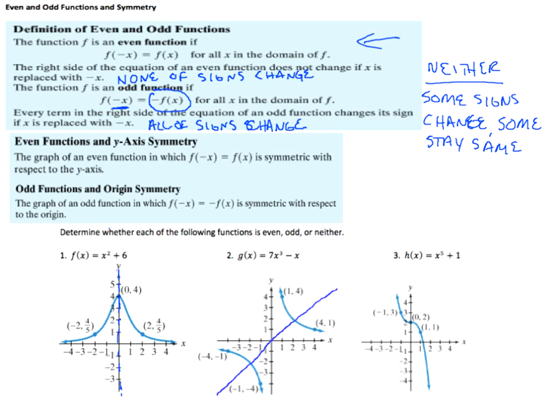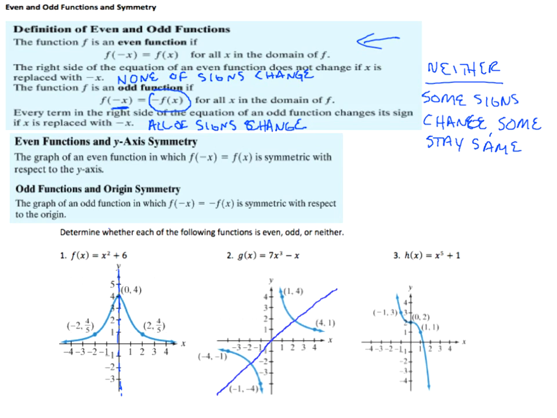So in this case, I could have either origin symmetry this way, or I could have it this way. So that is with odd functions.